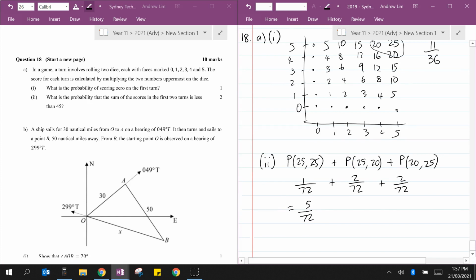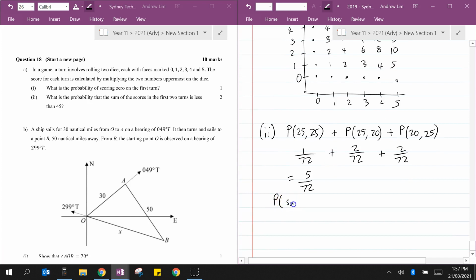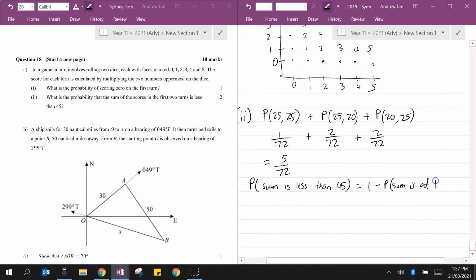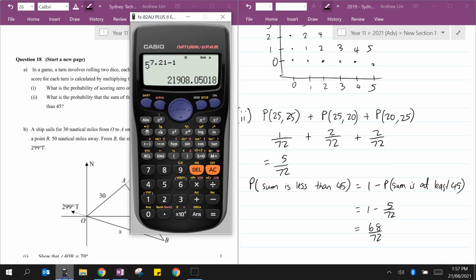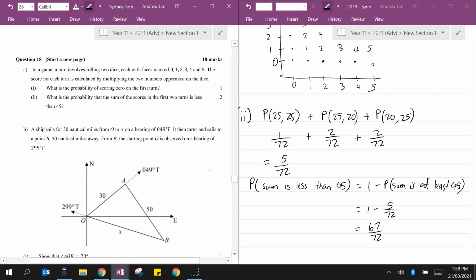So the probability that the sum is less than 45 is equal to 1 minus the probability that the sum is at least 45. So that has to be 1 minus 5 over 72, which has to be 68 over 72. No, not 68, 67. That's it. Okay, I think that's correct.